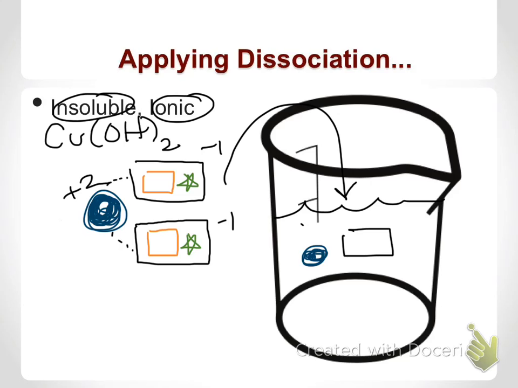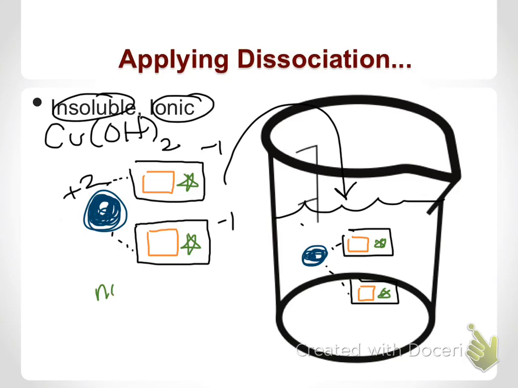So I'm just going to draw our two boxes here, and it will not change. So inside we'll still have the orange oxygens, and we'll still have our green hydrogens, and they'll still be stuck together. But these two pieces now, the ionic bonds, will not break either, will not dissociate.